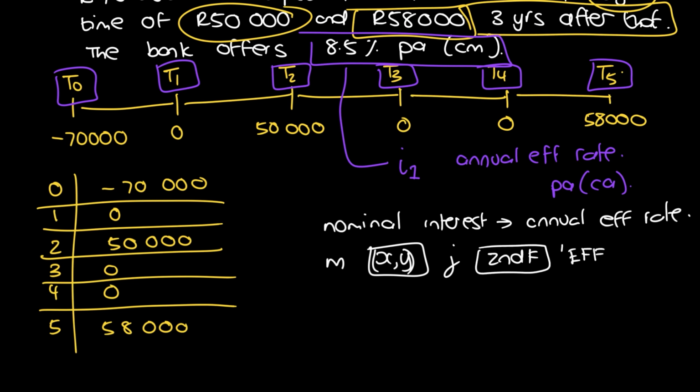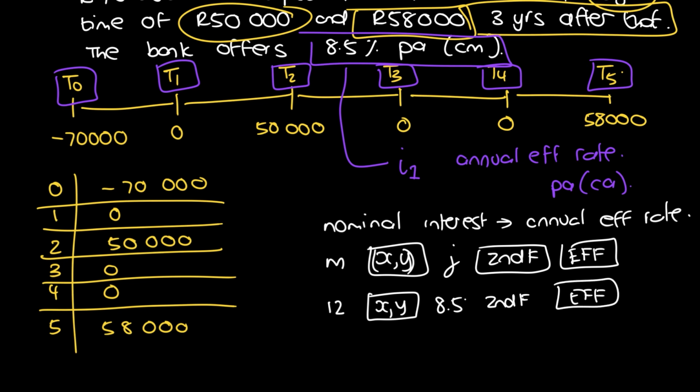And that's going to give us our annual effective interest rate. So what would we input on our financial calculator for this? It's compounded monthly at the moment. So we put 12, XY, the 8.5, and then we say second function EFF, which is the PV button usually. The EFF will be above it in orange.